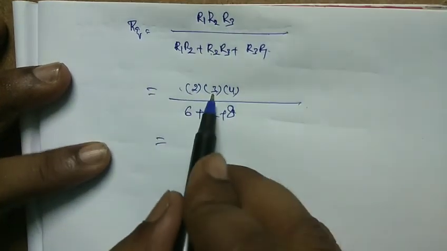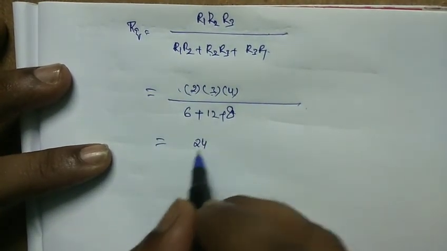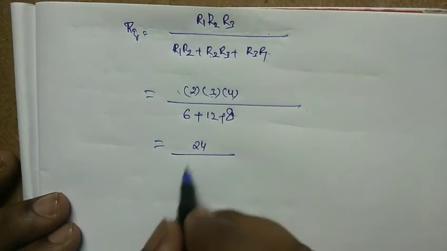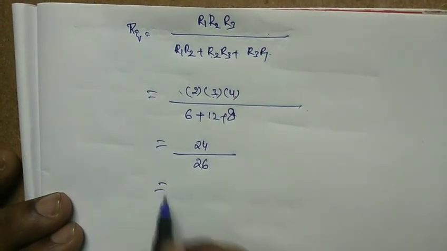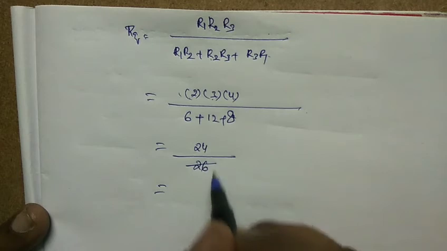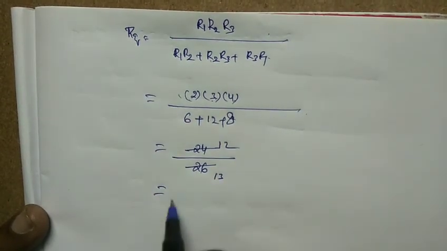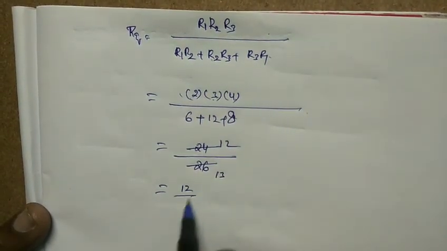That is 2 3s are 6, 6 4s are 24. 24 by 12 plus 6, 18, plus 8, 26. So we get 2 12s are 24, 2 13s are 26, so that means 12 by 13.